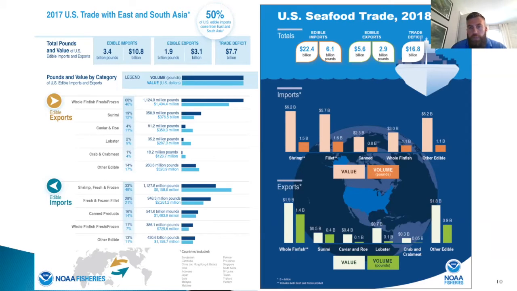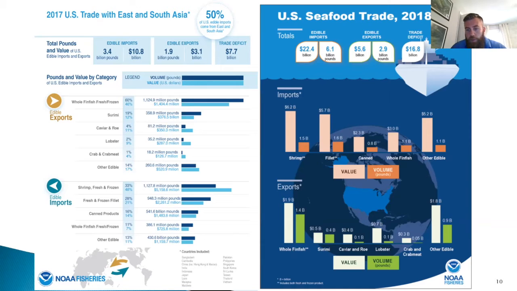And if you look to the figure on, I hope, your right, the 2018, you can see some of the things that Dennis had mentioned, including shrimp, with $6 billion worth of imported shrimp from other countries, which is fairly substantial. And then you can look at what we're putting out. Most of that is actually whole fin fish.